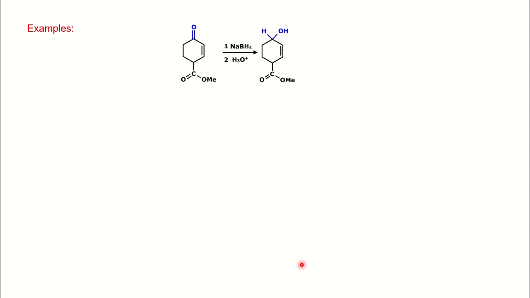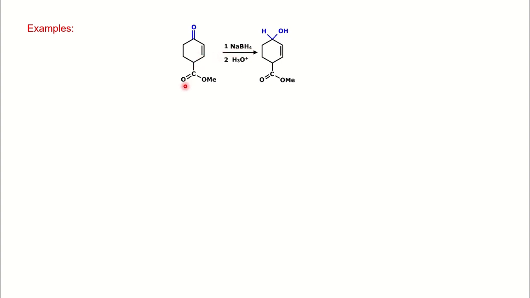Let's take one example for sodium borohydride. You can see in the molecule you have three functional groups: a carbonyl, an alkene, and an ester also. We know sodium borohydride reduces only ketones and aldehydes, so you can do a chemoselective reaction in the presence of sodium borohydride. What is chemoselective?